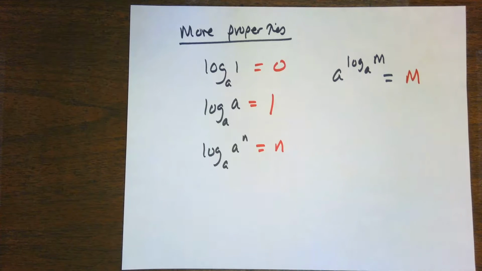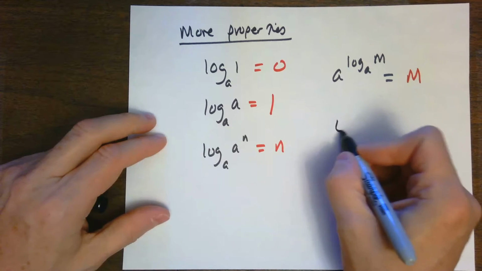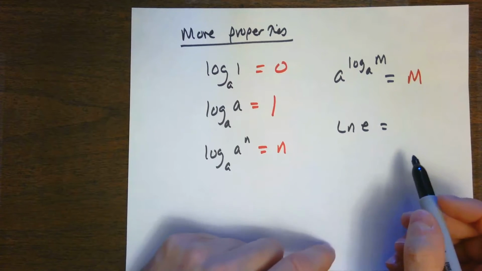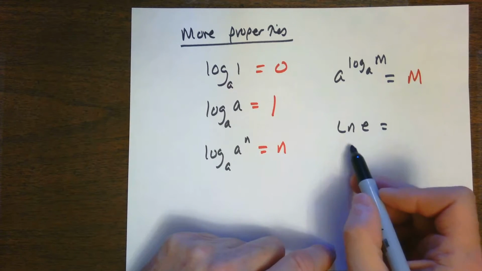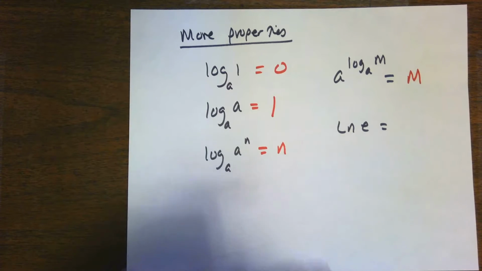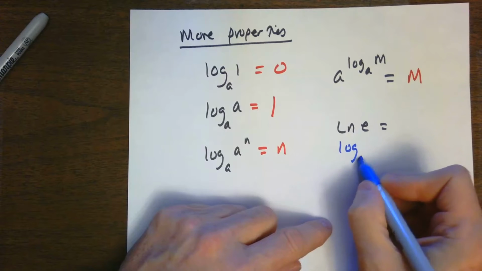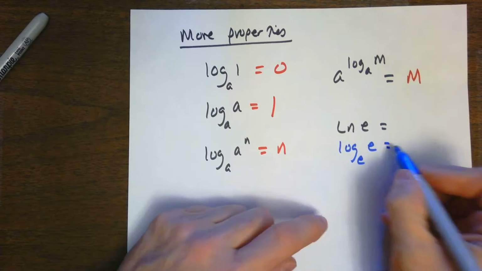Again, these properties can be a little bit confusing, can be a little bit frustrating. Sometimes they don't always seem to make sense. If we look at natural log, if I take the natural log of e, what's that? Well, the natural log is log base e. If I rewrite this, this is really log base e of e.